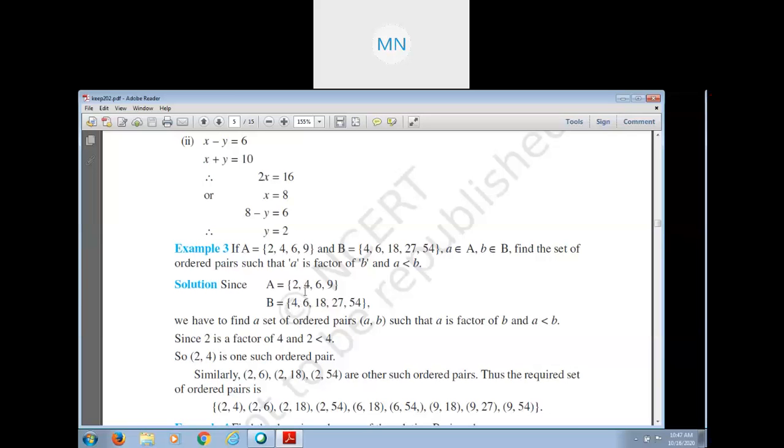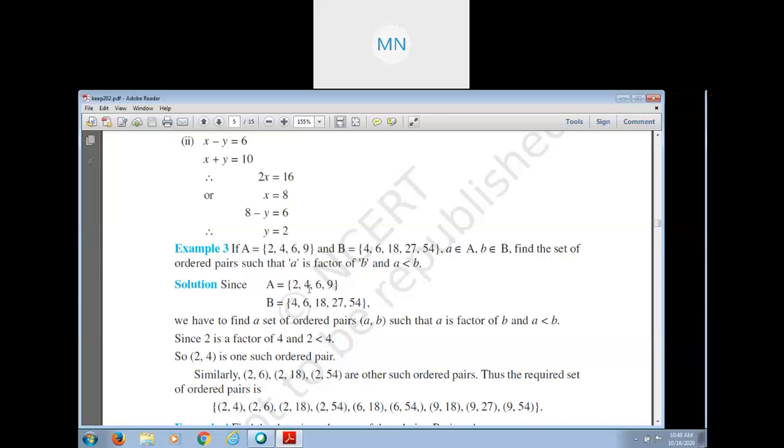Is it not? Yes, ma'am. 4 is a factor of 4, it is true. But there is another condition: A is less than B. If we take (4, 4), this condition is not satisfied, because 4 equals 4. So we cannot take this ordered pair (4, 4).